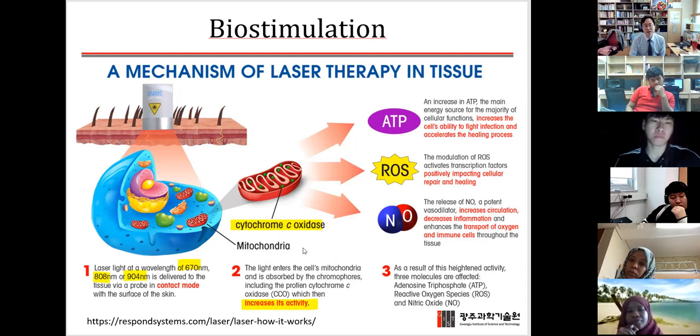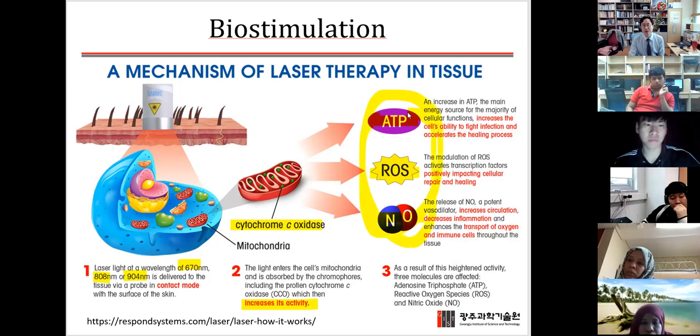By increasing cytochrome C oxidase activity, they will promote the generation of ATP, and also control the reactive oxygen species, and then control the nitric oxide. So each of them is going to have different effects.